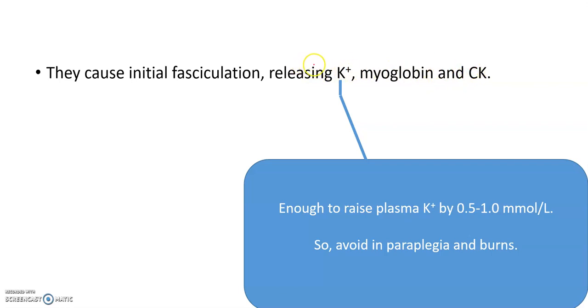And this potassium release will be enough to cause a rise in the plasma potassium concentration by 0.5 to 1 millimoles per liter. And therefore, we have to avoid giving this drug in patients with paraplegia and burns. Paraplegia and burns.